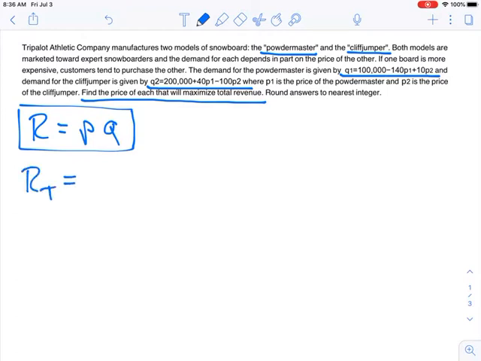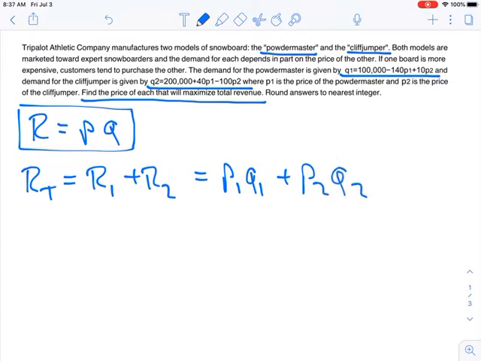Total revenue is going to be the revenue from product 1 plus the revenue from product 2. And so that's going to be P1 Q1 plus P2 Q2. And so we know what Q1 and Q2 are. We just have to multiply Q1 by P1 and Q2 by P2.